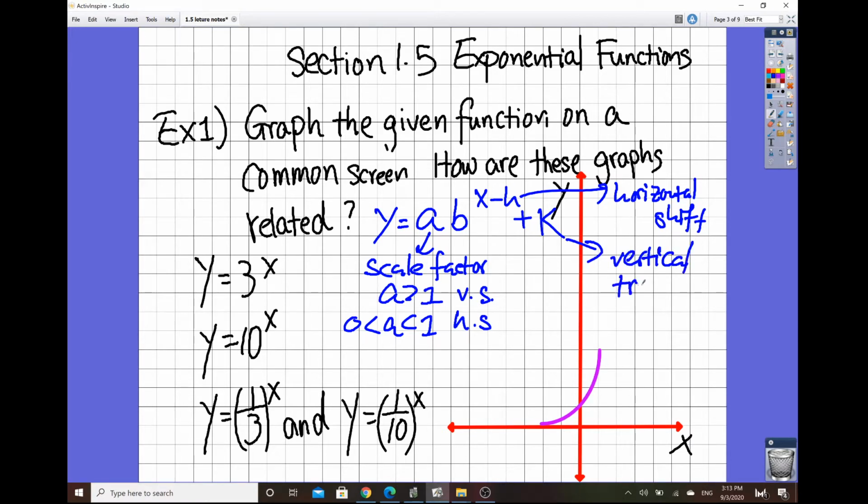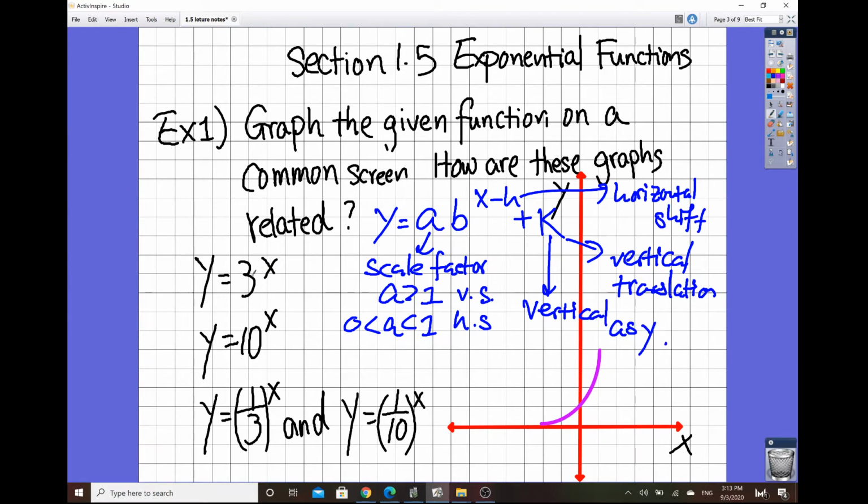So what we can do here is always find one of the special features of the exponential function: the asymptote. Whatever the value of k is, it's not just the vertical translation, it also shows the horizontal asymptote.